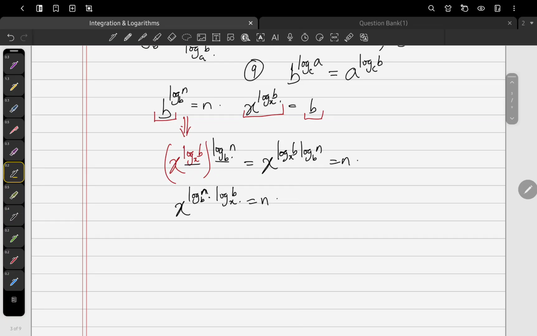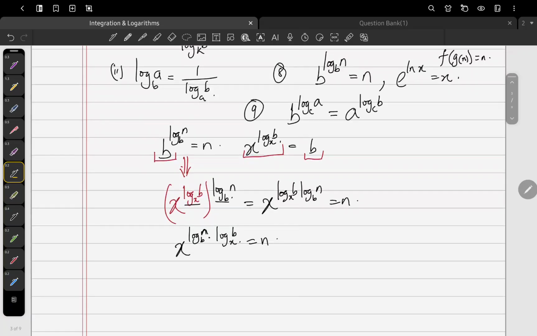Okay, so if we are careful about this, we also see that if we change c to e here, that gives us the following corollary, that b to the power of natural log of a is equal to a to the power of natural log of b. So what I have done here is something that we're going to need with one of the questions that we have above there.